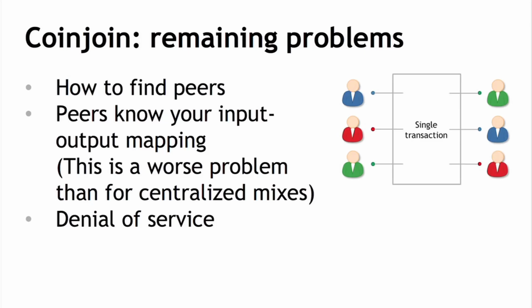In fact, I want to point out that this is a worse problem for decentralized mixes than for centralized mixes. And why is that? In the centralized mixing case, you could hope that these different mixes are run by entirely different entities who are not colluding with each other. And at least in some cases, these will be reputable real-life entities who you would imagine have incentives not to collude with each other because they have different goals or for whatever reason.